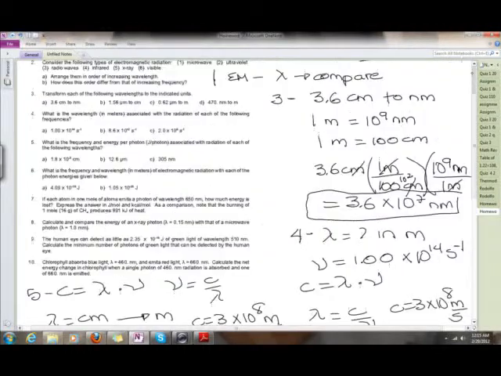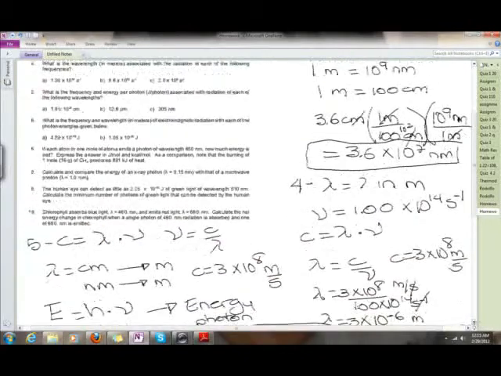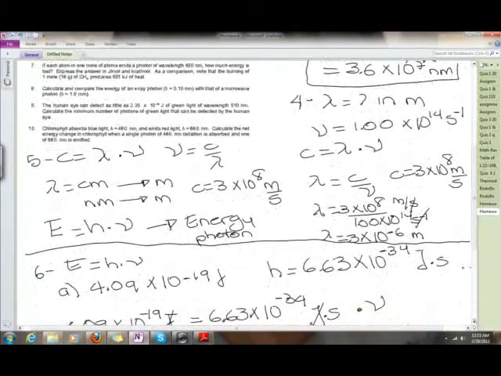Now the other one, you can do it exactly the same way. Let's go to number 7. If each atom in 1 mole of atoms emits a photon of wavelength 650 nanometers, how much energy is lost?